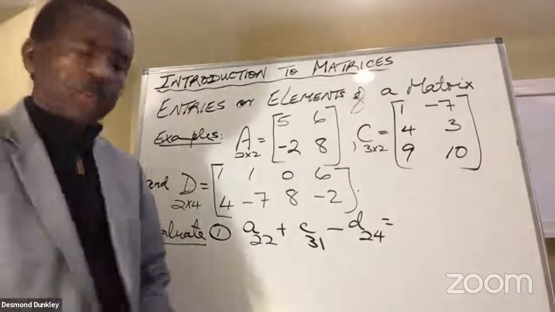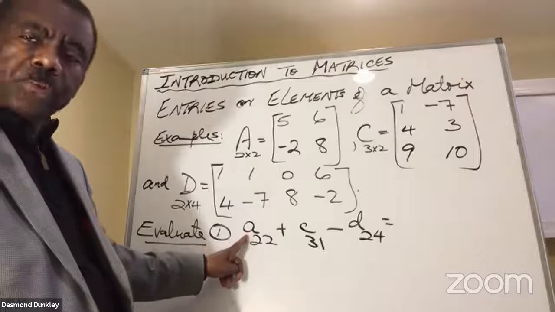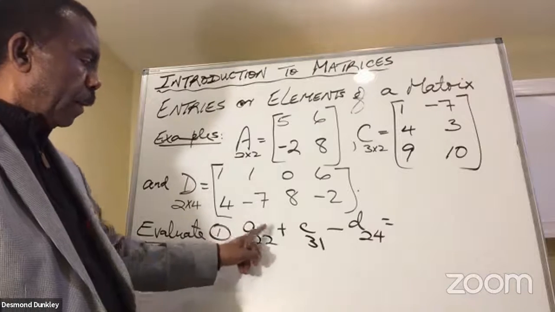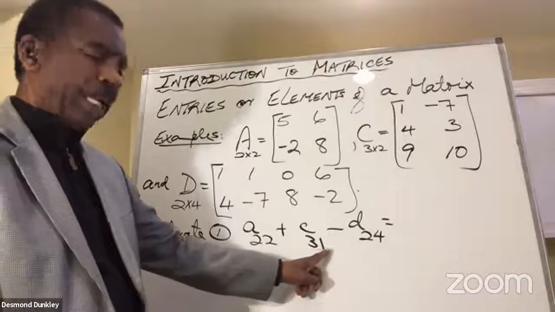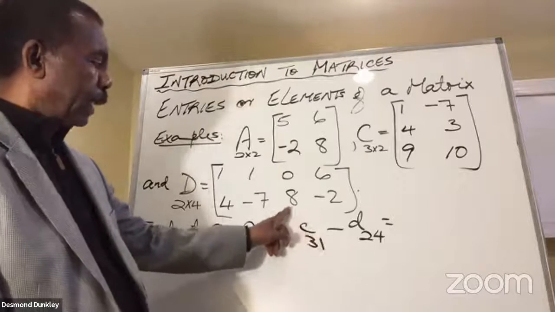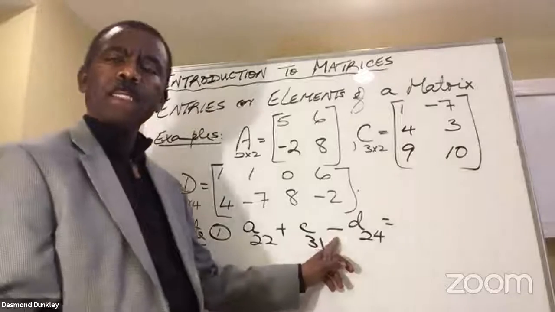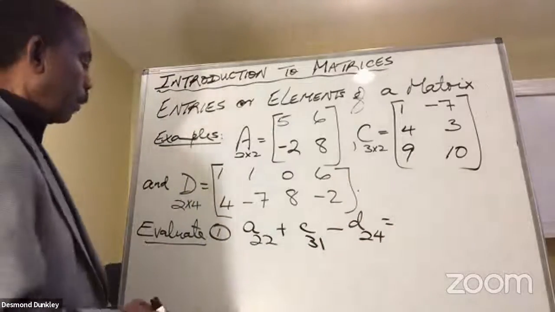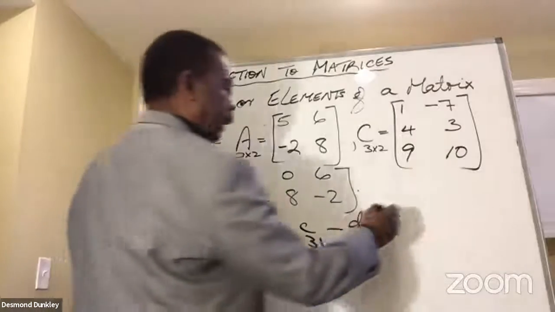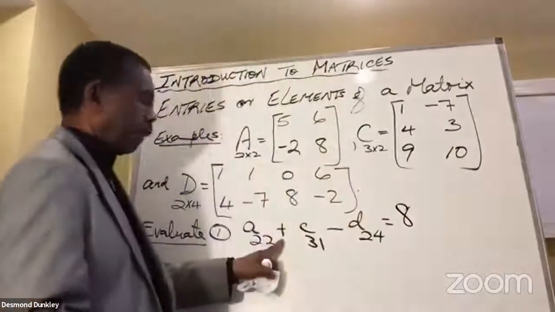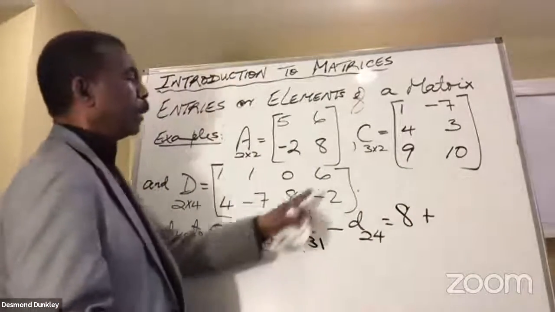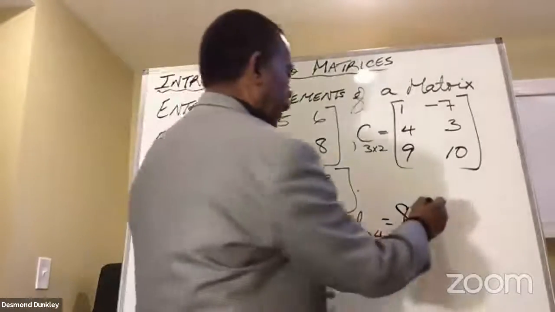What am I asking you to do? I'm asking you to take the 2-2 entry in matrix A, add to it the 3-1 entry in matrix C, and subtract from it the 2-4 entry from matrix D. So go to the 2-2 entry, we see 8, plus c31, 3-1 is 9.